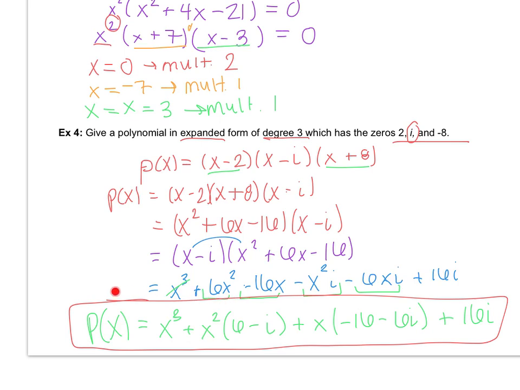So basically what I want you to notice is if you have a non-real zero, you might have non-real coefficients. And we're going to see in 9.6 situations where you will have real coefficients even with non-real zeros. So turn on over to 9.6 and we'll get into that.